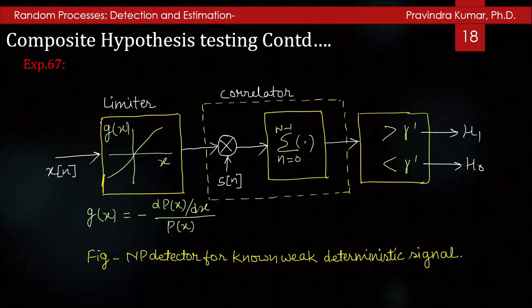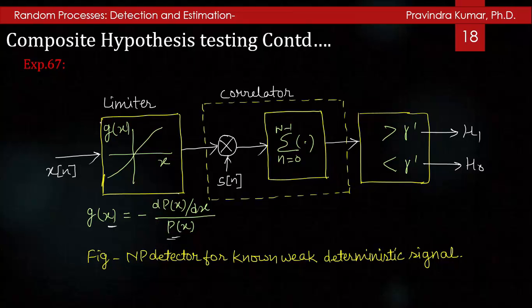locally optimum detector or the asymptotically optimum detector. So this is the block diagram for the NP detector for non-weak deterministic signal. Here g(x_n) is equal to minus dp(x)/dx, where p'(x) means the first derivative of the PDF of x, divided by the PDF of x.